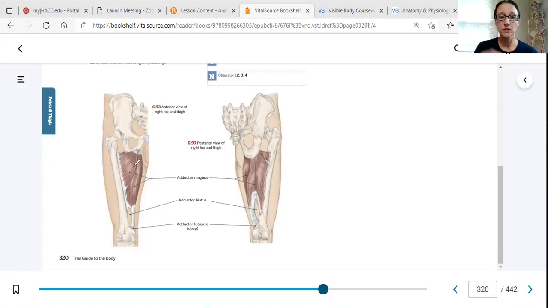So if you're a visual learner, you want to put your bullet points, you just draw, okay, 1, 2, 3, 4. I have 4 actions for adductor magnus, and you can go ahead and fill those in, okay? All right. So that's adductor magnus, the floor of the adductors.